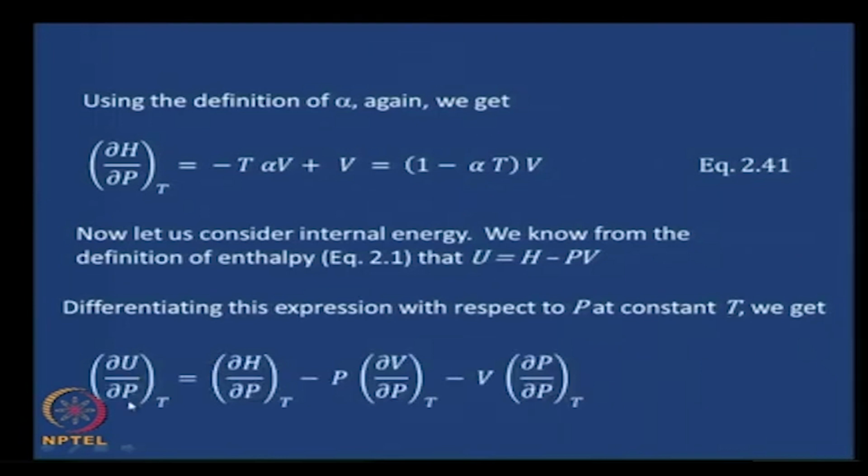Dou U dou P at constant T equals dou H dou P at constant T minus, by chain rule, P dou V dou P at constant T plus V dou P dou P at constant T, first function into derivative of the second function plus the second function into derivative of the first function. Of course, there is a minus here. All this is done at constant T.